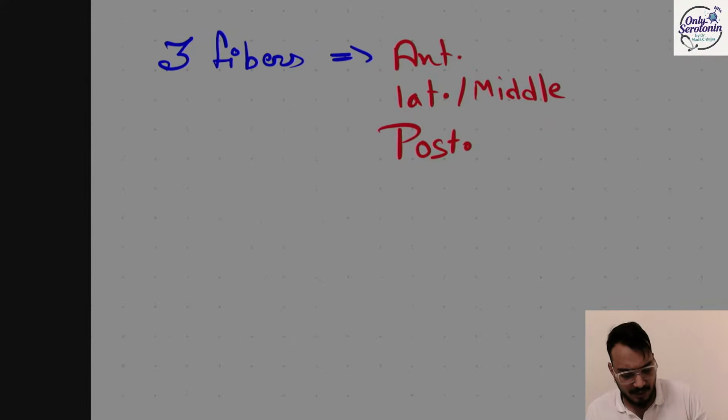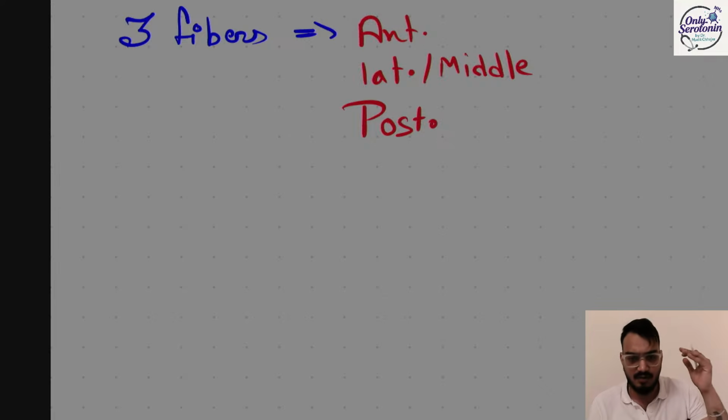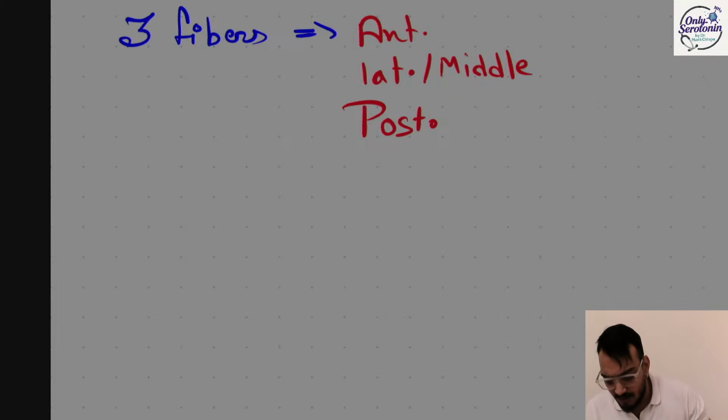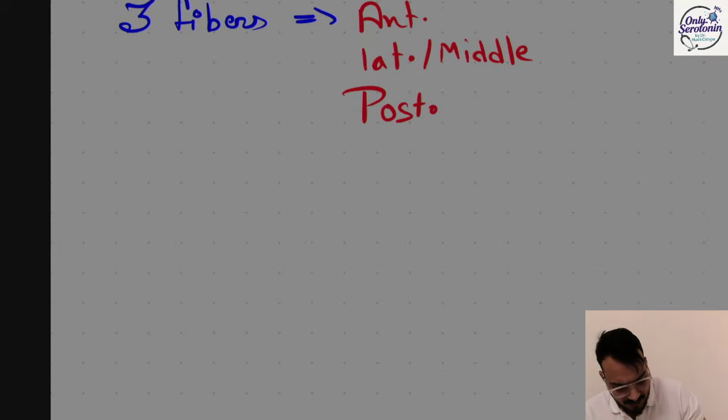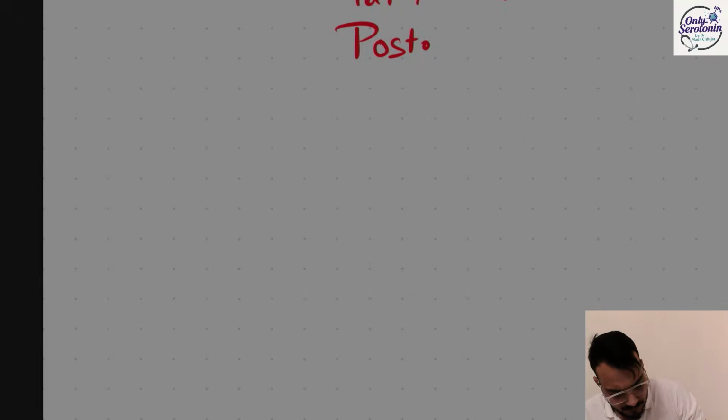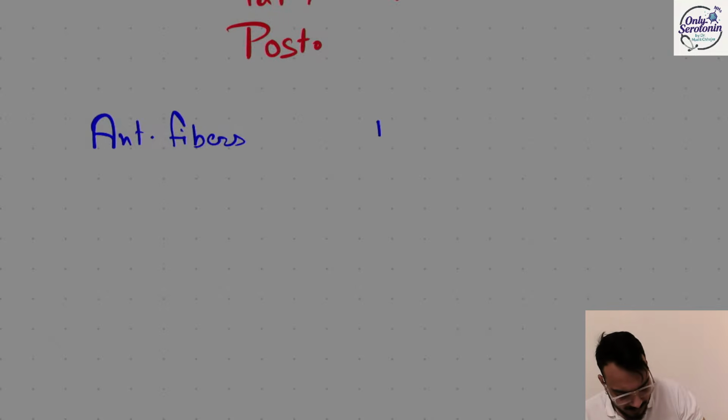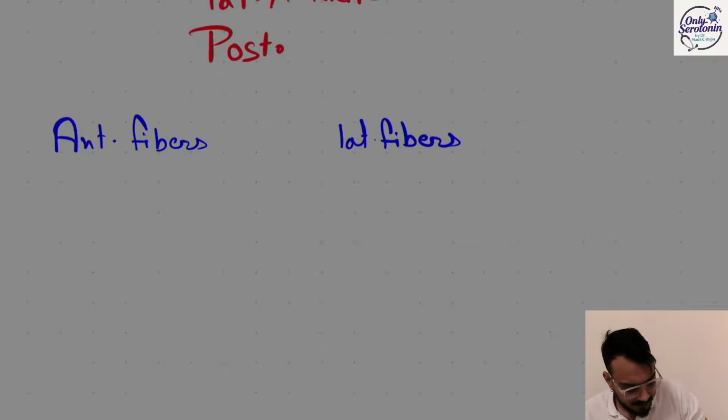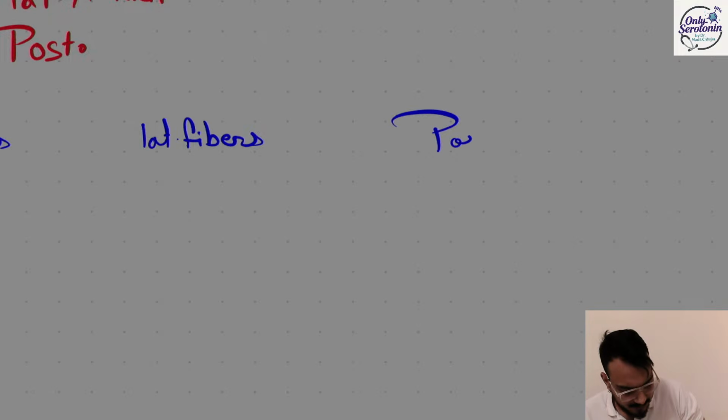Let's make a table about these three fibers, where we want to know origin, insertion, nerve supply, and action. In this table we write the anterior fibers, lateral fibers, and posterior fibers.